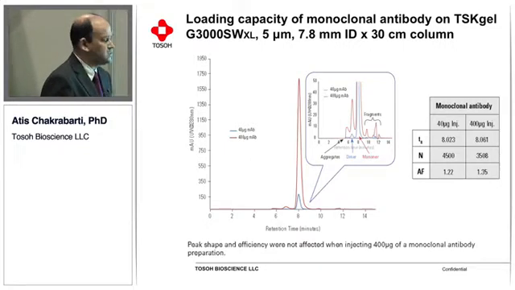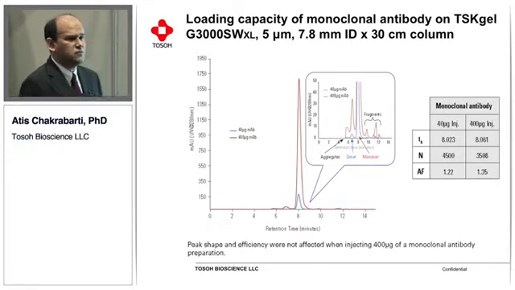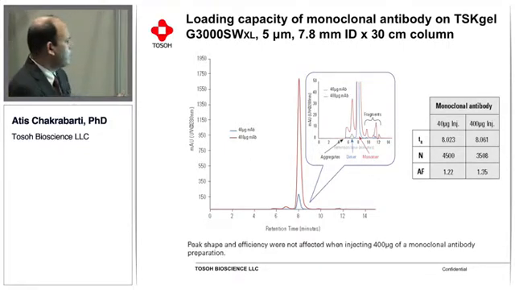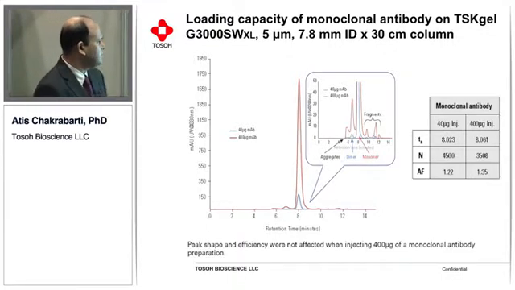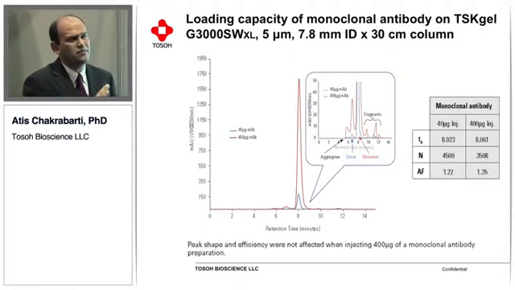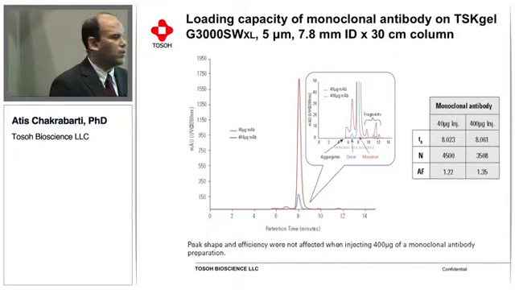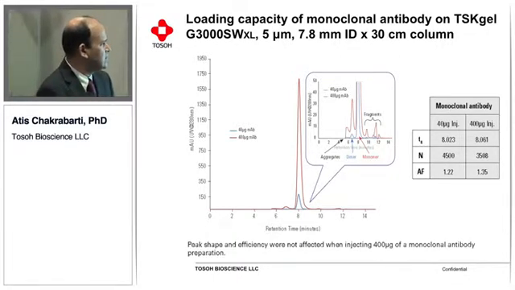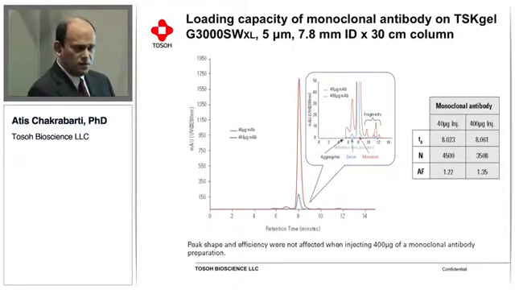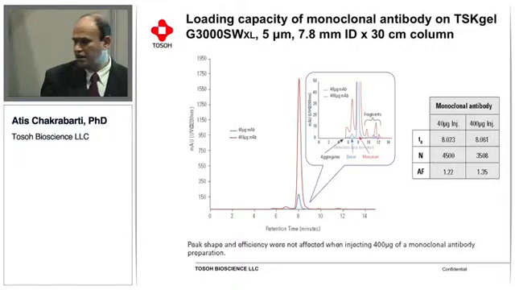The bottom line of this is that peak efficiency as well as the shape did not change dramatically, though we have loaded a 10-fold amount of the monoclonal antibody here. This is the zoomed in figure where you can see the separation of the fragments and the monomer from the dimer and aggregates.